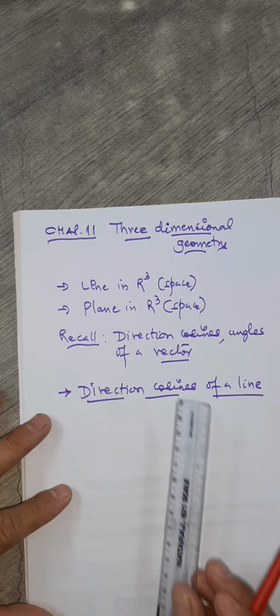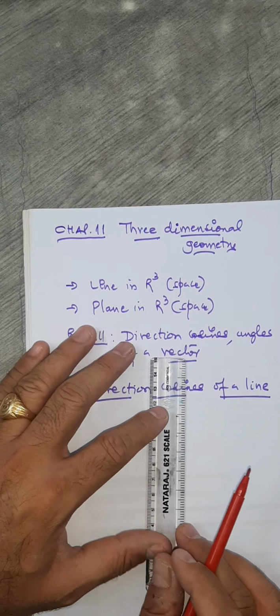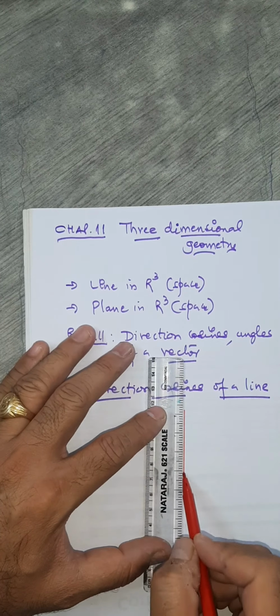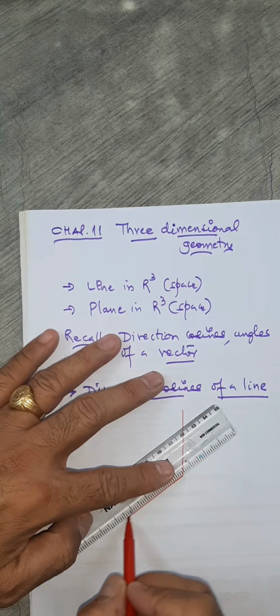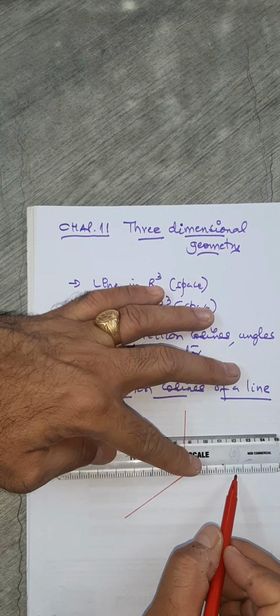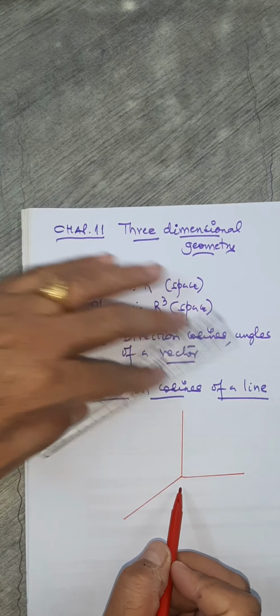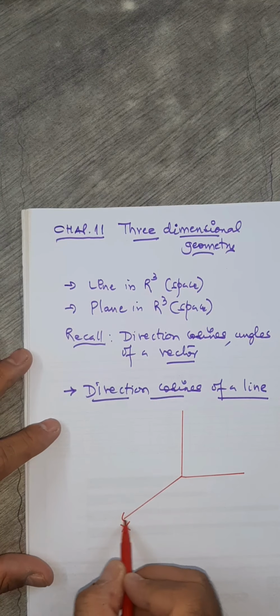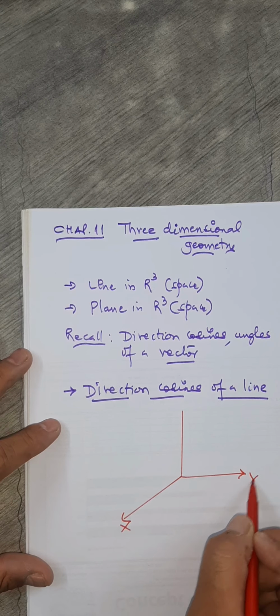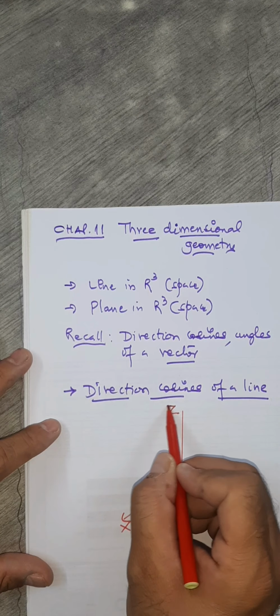your 3D geometry, that is, we consider three coordinate axes here. So here this is the x-axis, let's call this the y-axis, and this is the z-axis.